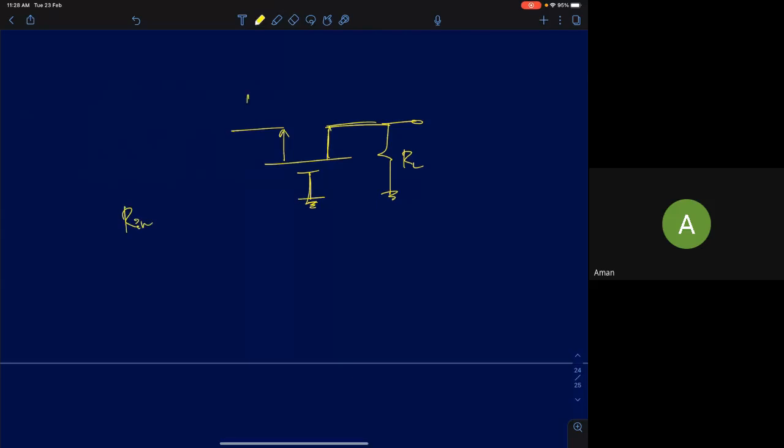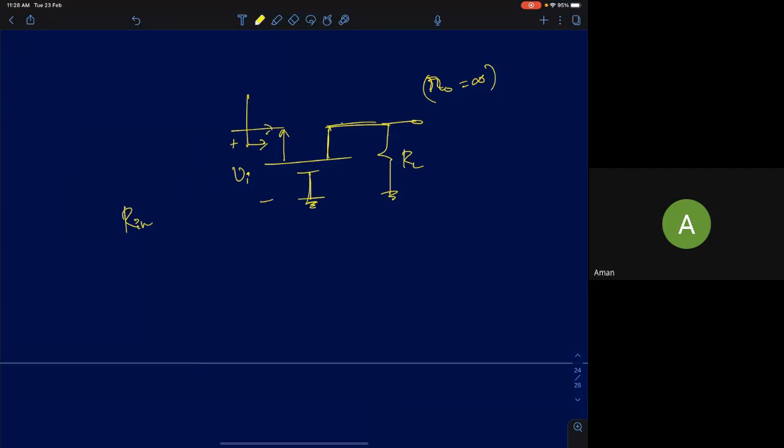To find the input resistance, I'm going to look at this point. Assume R0 is infinity. In the first analysis, we will assume R0 is infinity for input resistance. If R0 is infinity, what will be the input resistance? I'm applying a voltage Vi. So I told you, if I apply Vi, there is a voltage of Vi across VGS. This Vi is minus VGS.